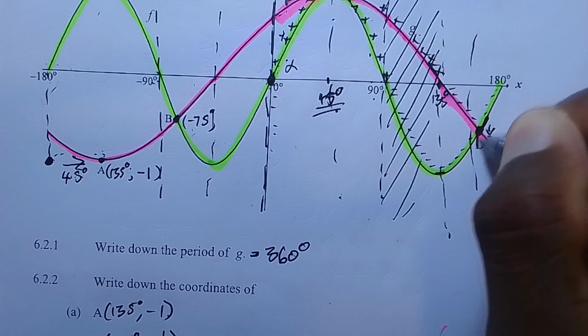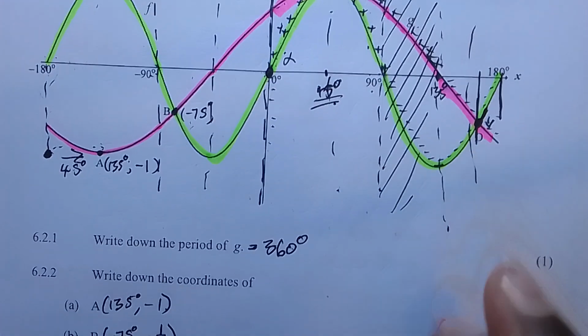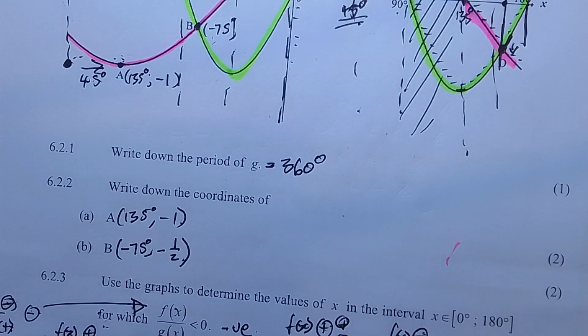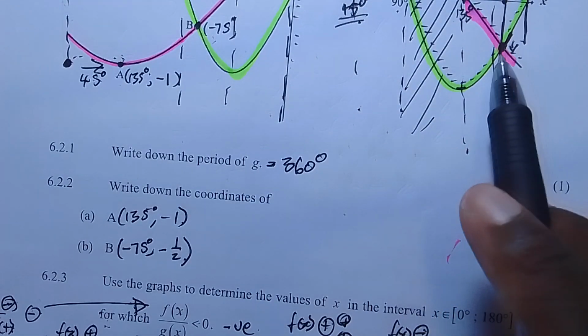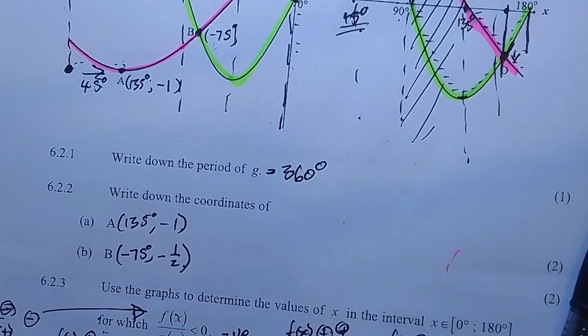So from here to 180, that's the second range, that's the range we want, and we don't know what the point is here yet. So what are we going to use to find the coordinates here? We are going to use our general solution, the one we found before.